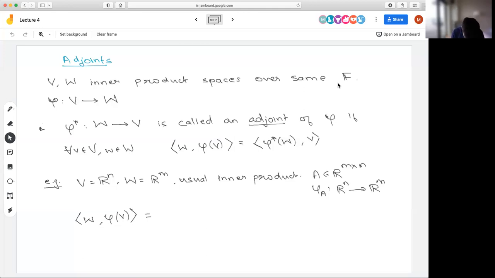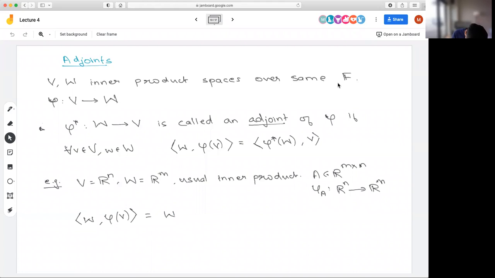The inner product of W with the linear transformation of V: W is a column vector in m dimensions, since the target space for phi is Rm.